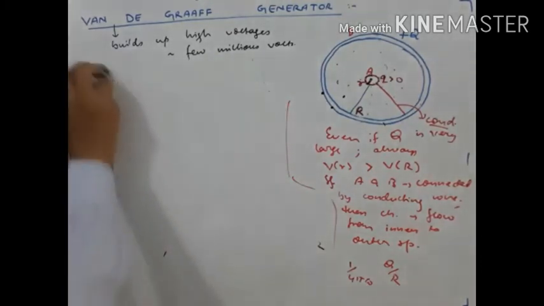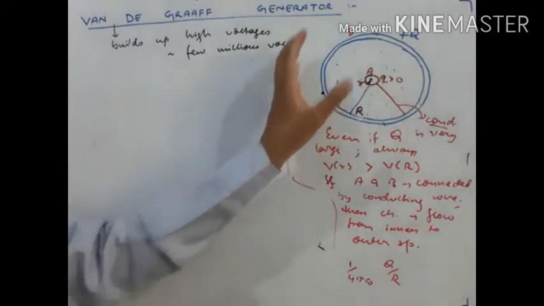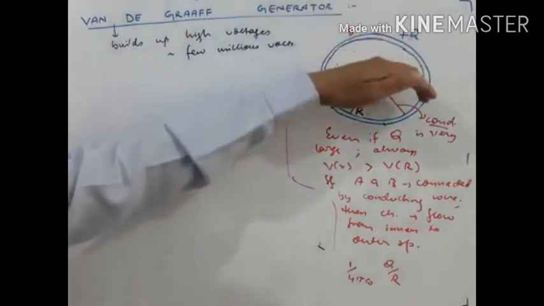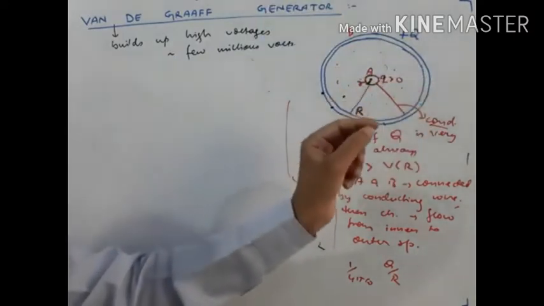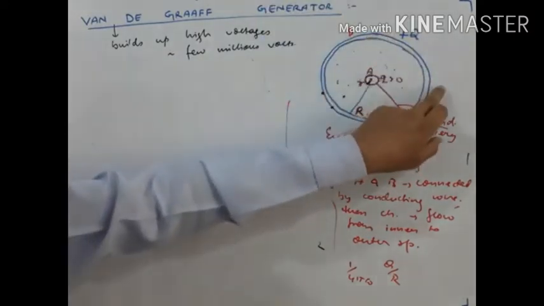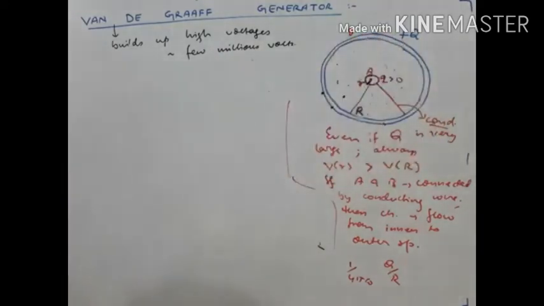Air naturally is a very good insulator, but if the electric field increases to a large value, if the potential increases to a very large value after accumulation of large amount of charge, then there is a possibility of discharge. Large value of charge means the electric field in the vicinity of this particular sphere will be very large. If that electric field crosses the breakdown limit of air, then discharge will take place.